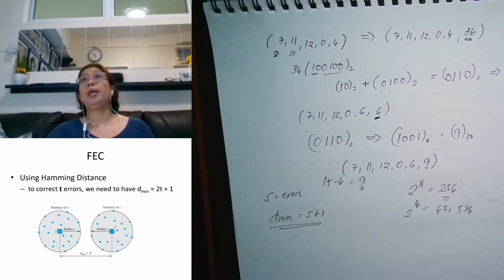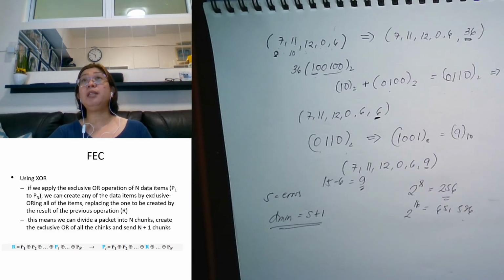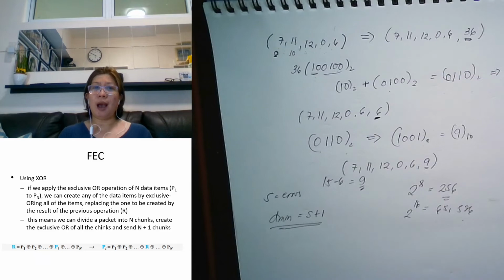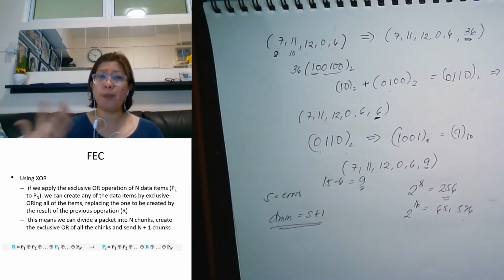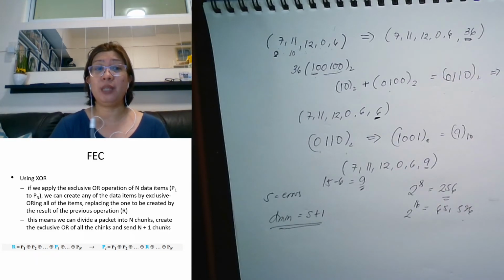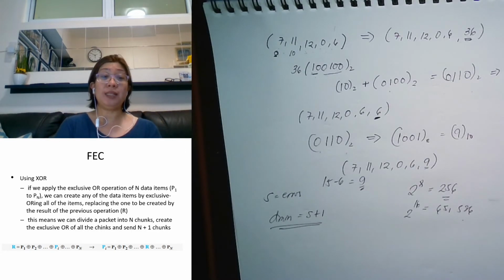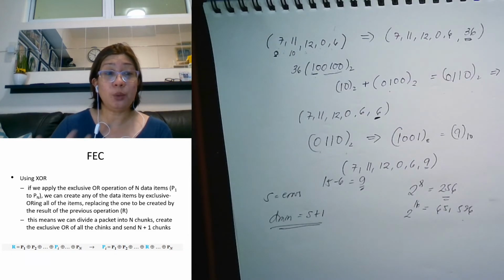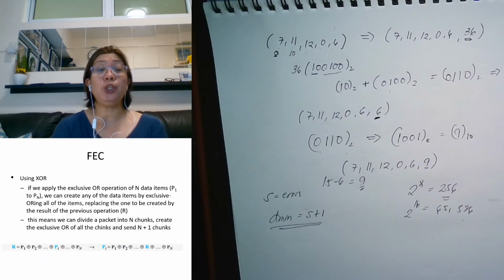Aside from the Hamming distance, we make use of XOR. We have been using XOR in our previous discussion, so we're already quite familiar with this. Another recommendation is to use the property of the exclusive OR operation.